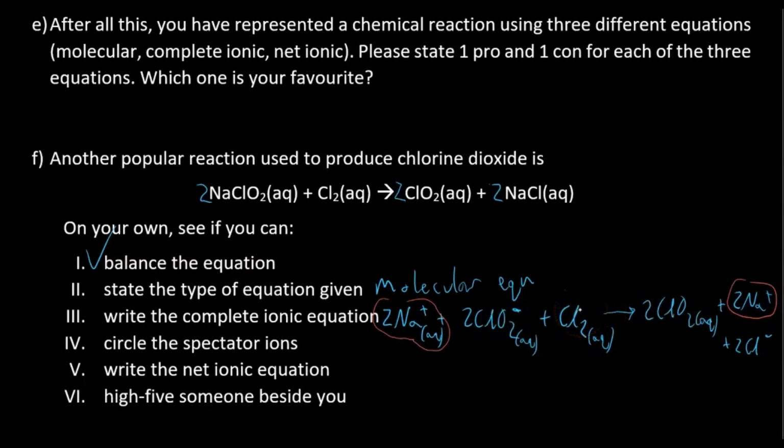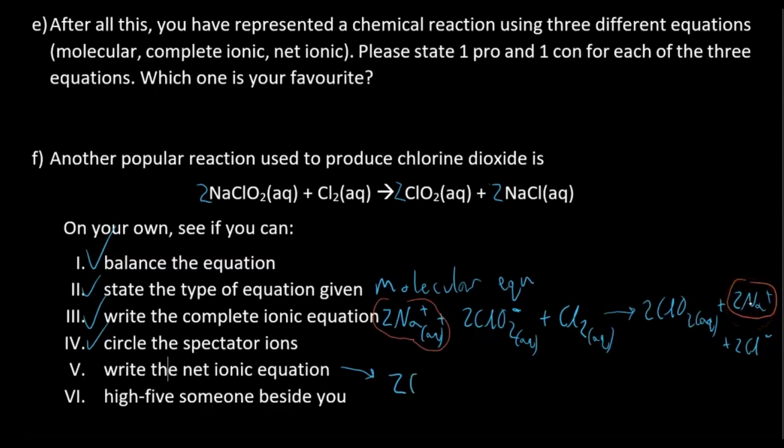Okay, so that's done. We stated the type, we wrote the complete ionic equation, we circled the spectator ions. Let's write the net ionic equation, so that's without the spectator ions. Sodium's gone, and there's 2 sodiums here, cancel out with 2 sodiums here.